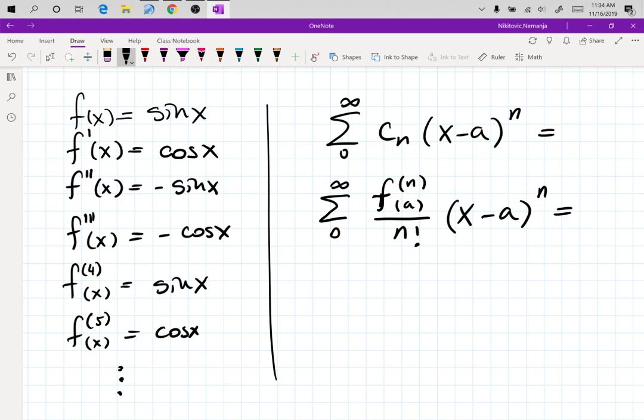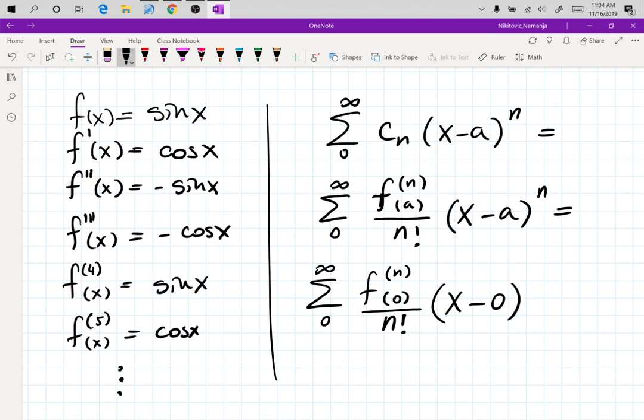So that is us plugging in the coefficient formula. It used to be separate. And finally now, we are going to write out f to the nth derivative of 0 divided by n factorial times (x minus 0) to the n.